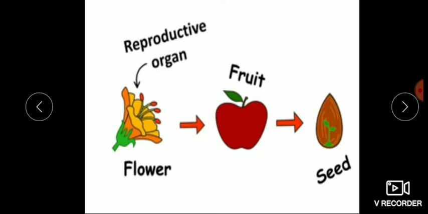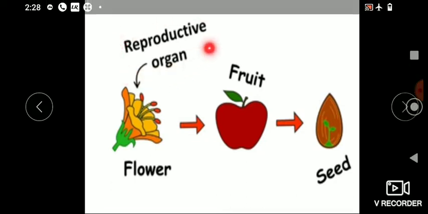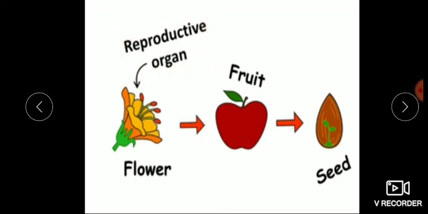Beta, you can see here the flower, and what is it? A reproductive organ. I want to tell that a flower is called a reproductive organ of the plant.